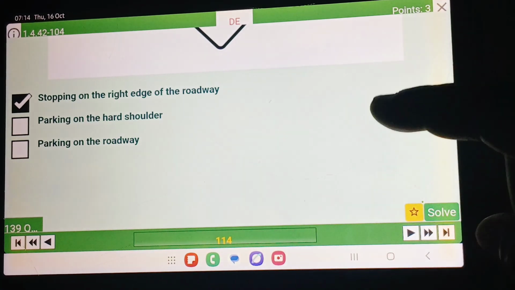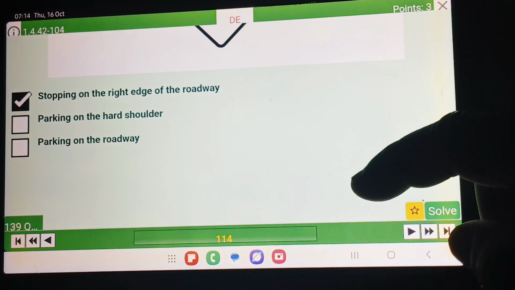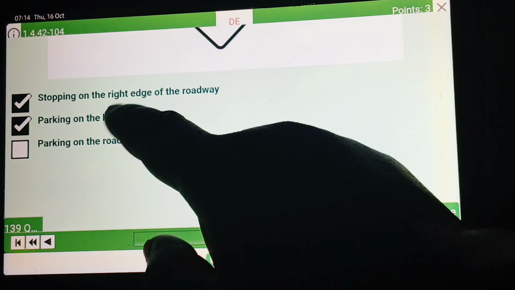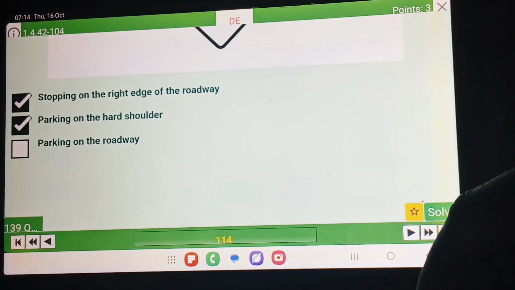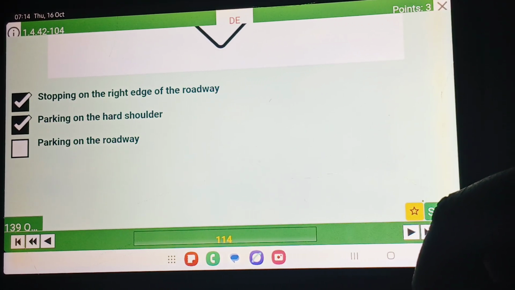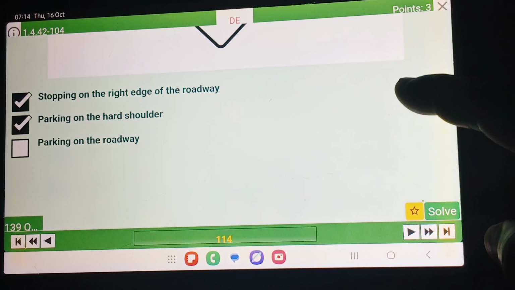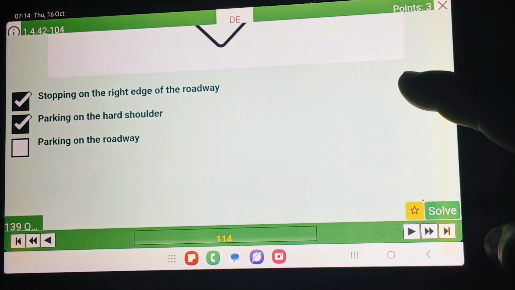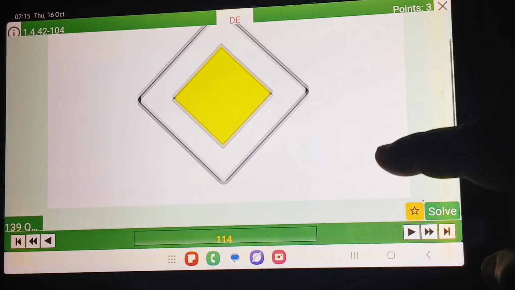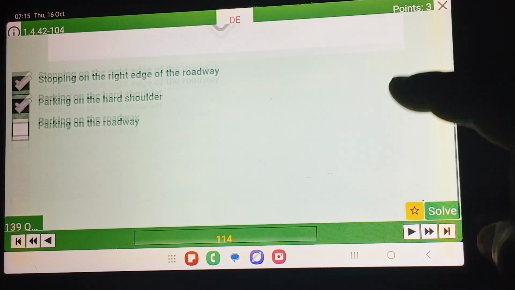You can stop on the right edge of the road, and you can park on the hard shoulder. But you cannot park on the road because vehicles are moving on the road. These two are what is allowed: stopping on the right edge of the road and parking on the hard shoulder in a priority road outside a built-up area.